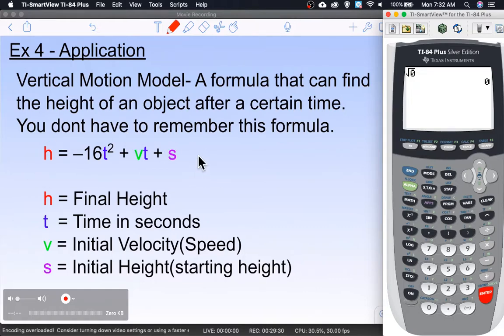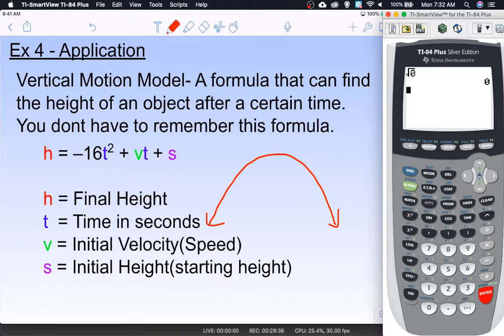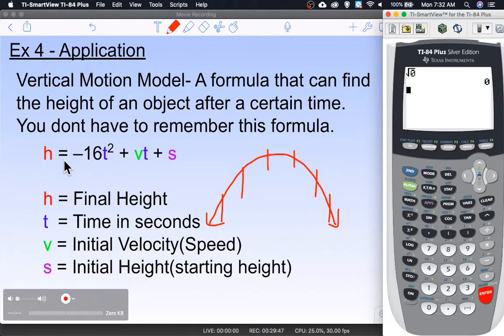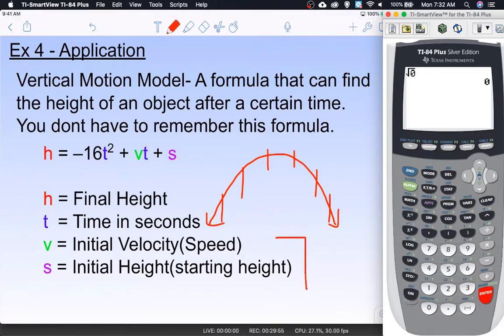If you throw an object in the air, it makes a parabola shape over time, second 1, 2, 3, 4, 5, 6, based off of the starting height. Throwing something off a cliff is different than standing on the ground and throwing it.